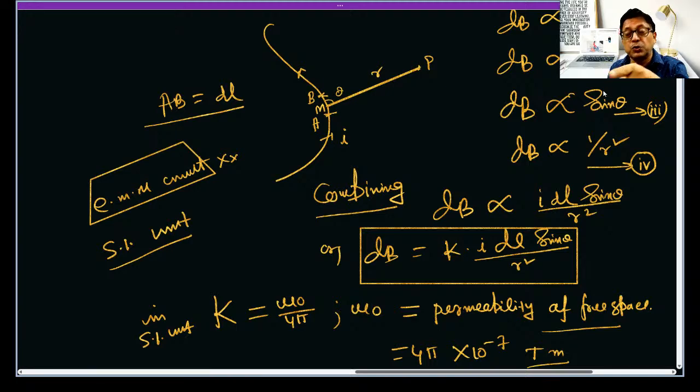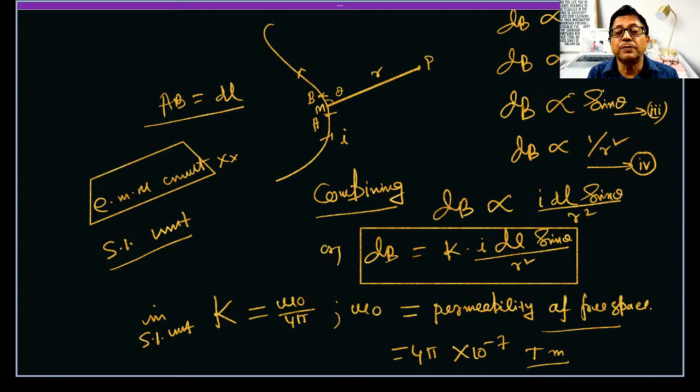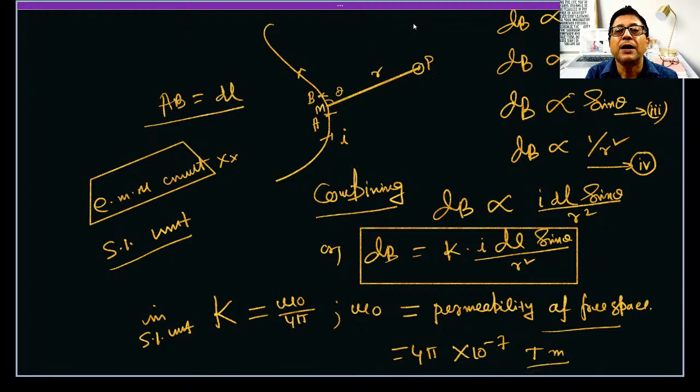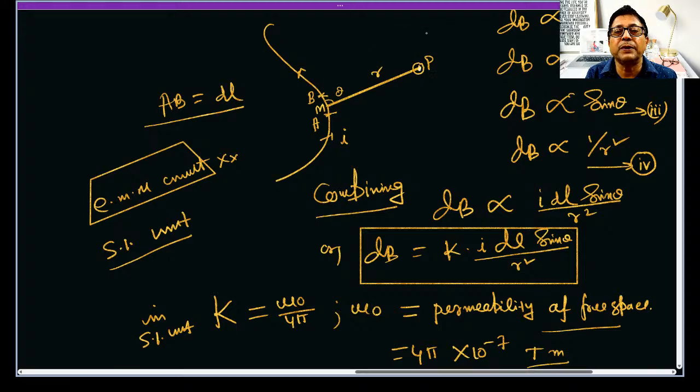Mathematical form means to get the direction. You have to perform the experiment. Here it is observed that the magnetic field at the point P is perpendicular to the plane of paper, dot going into the plane of paper. This is an experimental observation, and this is in accordance with all we have studied before.